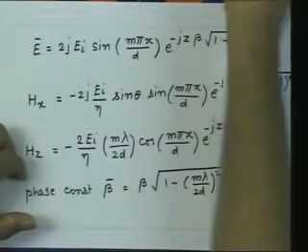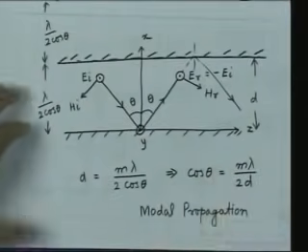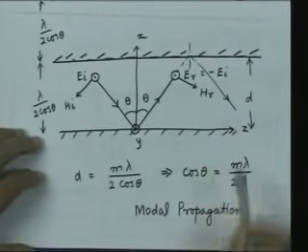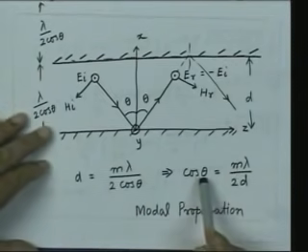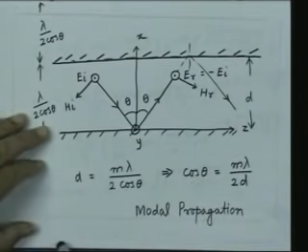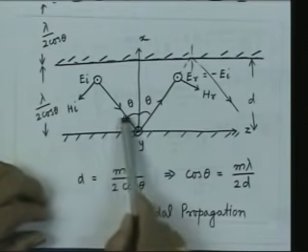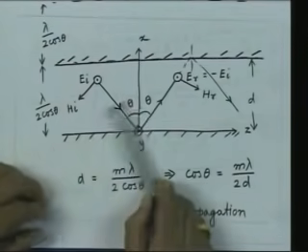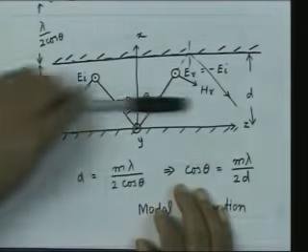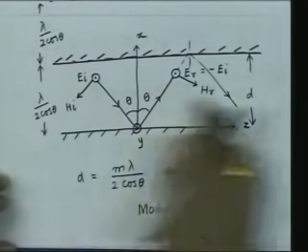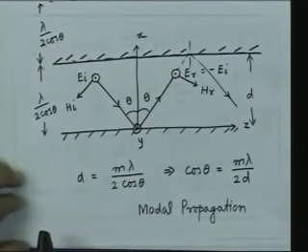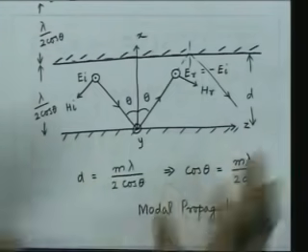What does m equal to 0 mean? If I put m equal to 0 in this expression, that corresponds to this angle theta of pi by 2. That means if the wave goes parallel to the boundaries, this wave cannot propagate inside the structure.